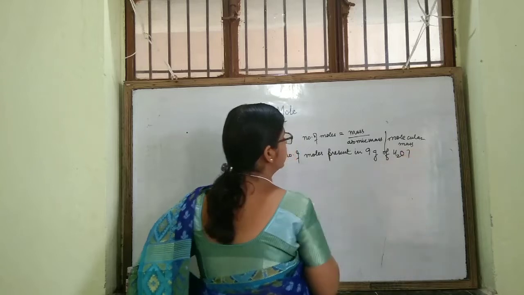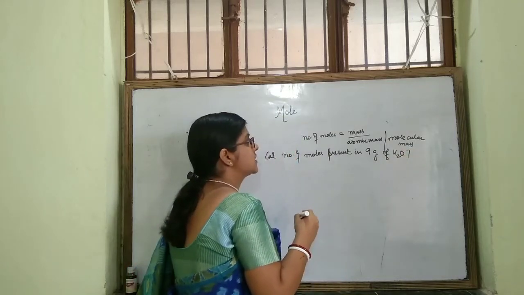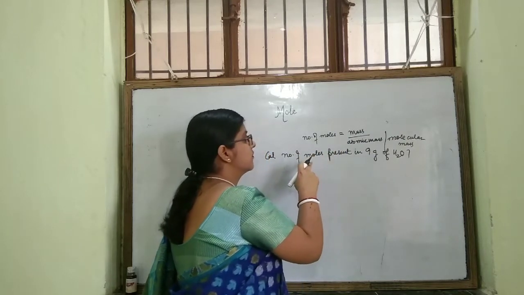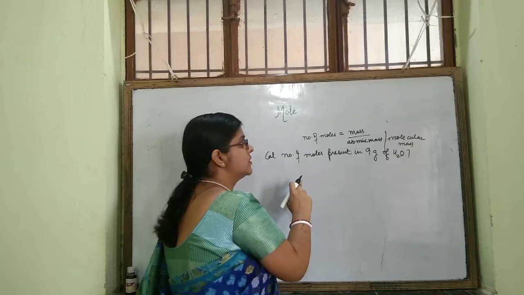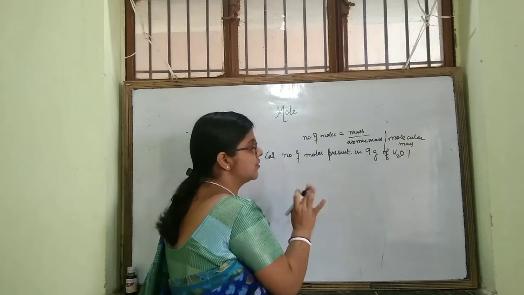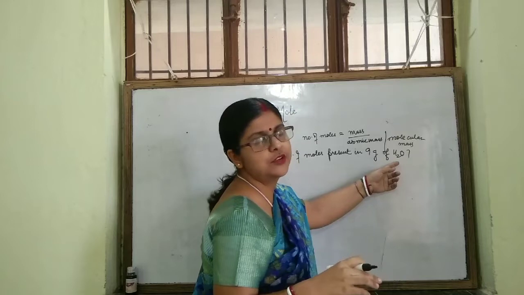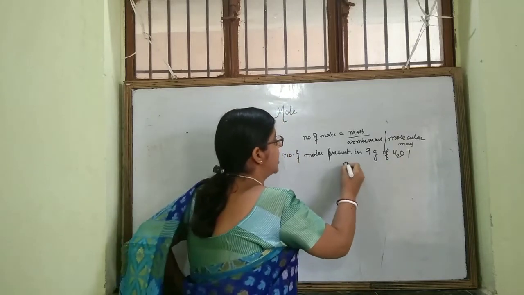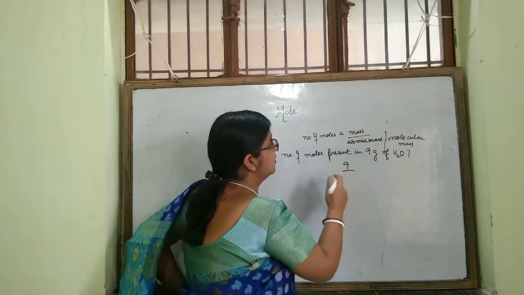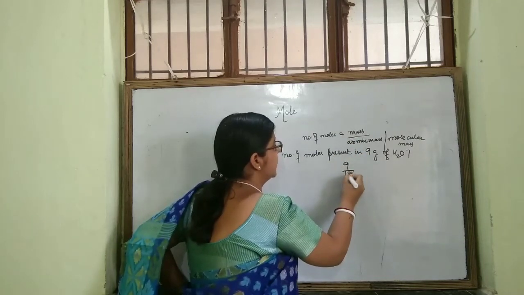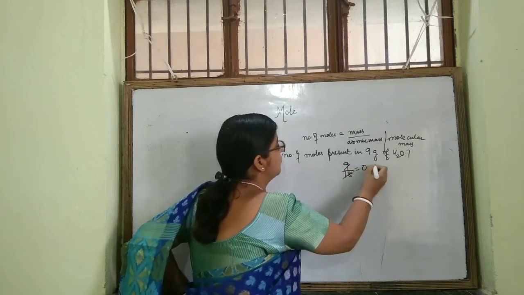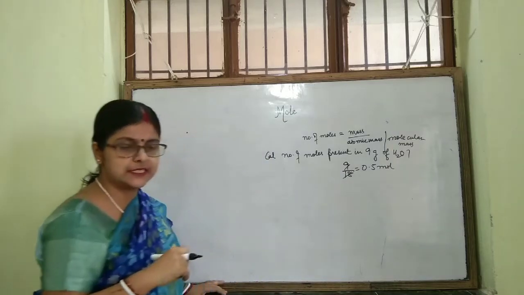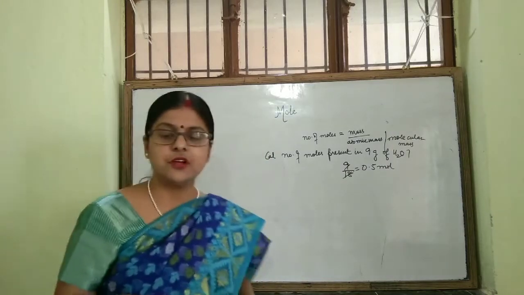How will you calculate? The formula for calculating number of moles is mass by atomic mass or molecular mass. Here water is a molecule, so we will check its molecular mass. So number of moles will be equal to 9, since mass is 9 gram given, by molecular mass 18, so it will be equal to 0.5 mole. These simple numericals you have studied in standard 9 also.